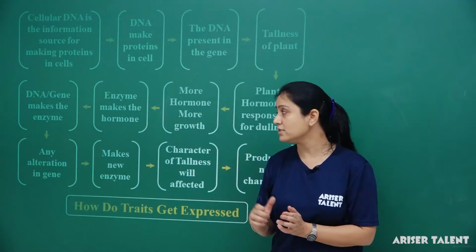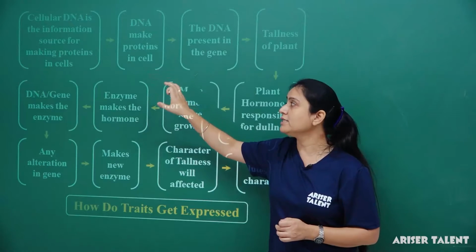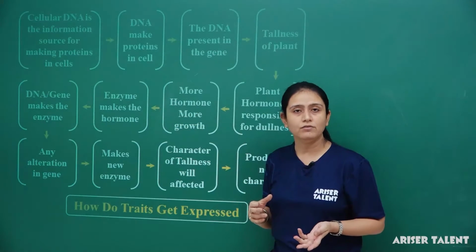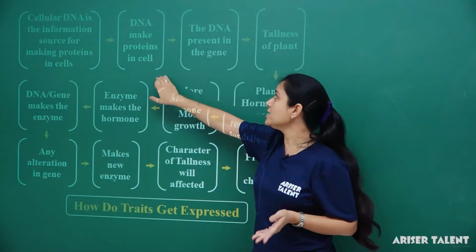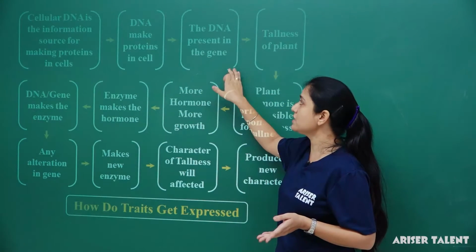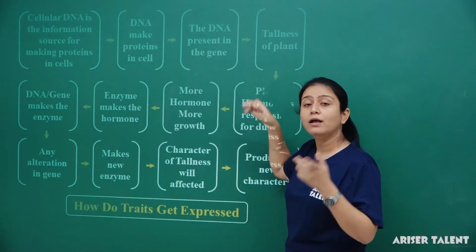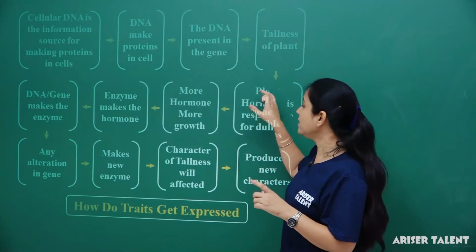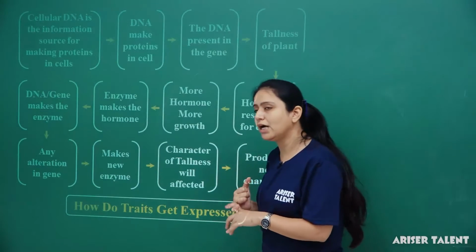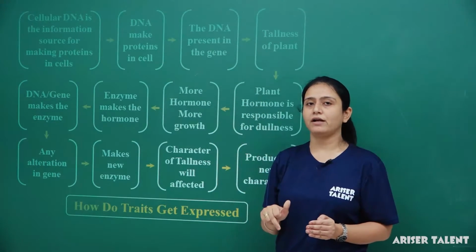It was recessive. Now we all know that DNA is carrying the genetic material. So when it synthesizes proteins in the cell, the DNA present in the gene carries tallness in the plant. But if there is any alteration in the gene, then that tallness will be affected.